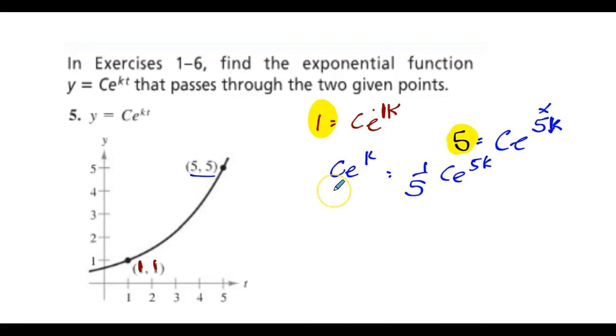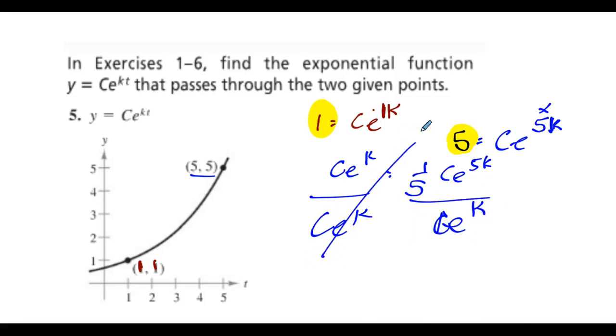And then solving, I can divide by C e to the k and cancel. In fact, I could multiply both sides by 5 here, so I'll cancel the 1.